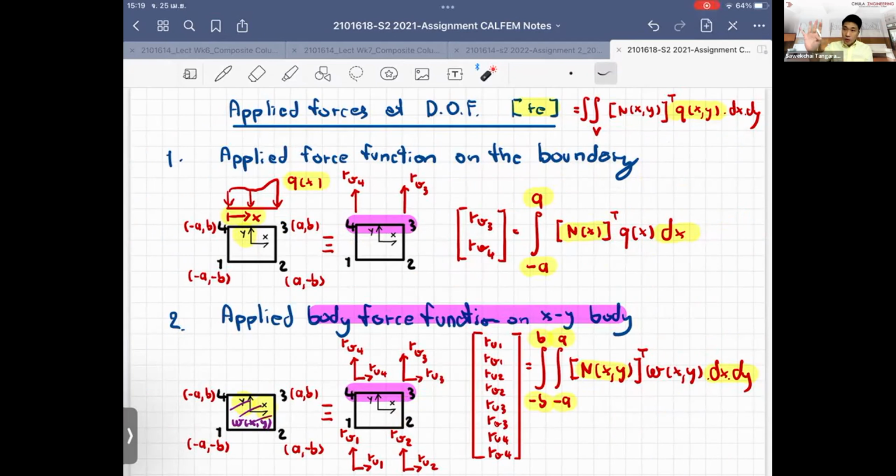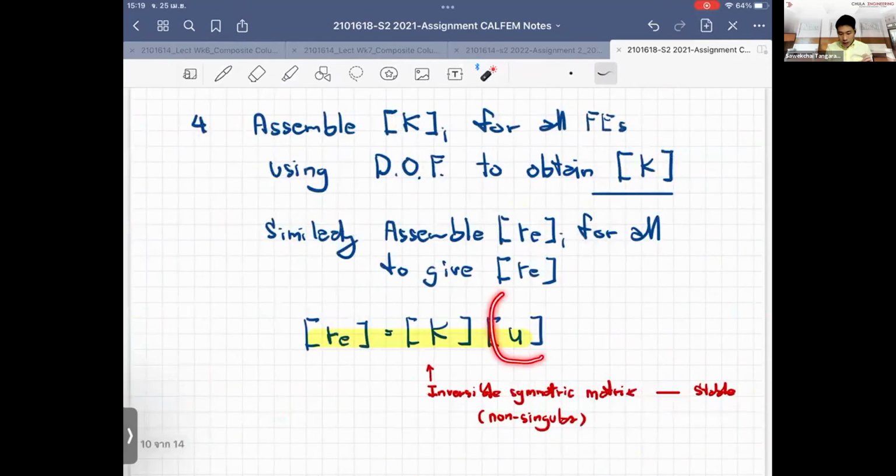Each element has 4 nodes, so 8 degrees of freedom. So you have to allocate the set of actual displacements to the nodal degrees of freedom of each element. So for each element you get 8 displacement values.